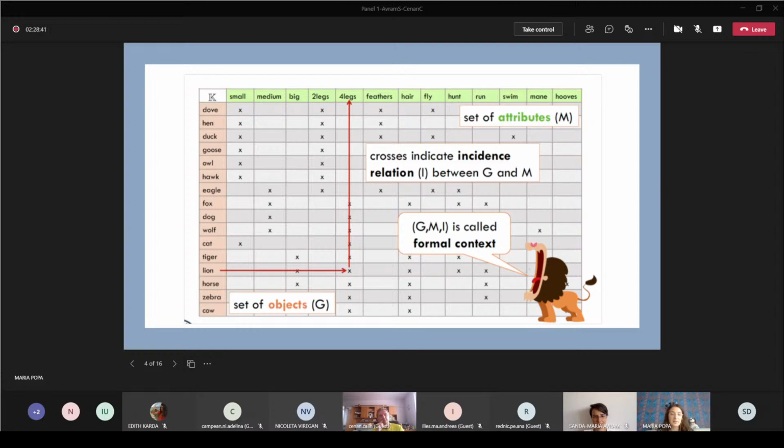In a zoo context, we have animals, and each animal has some properties, which are the attributes. A lion, for example, has 4 legs. To display this relationship, we put a cross in the intersection, as here.